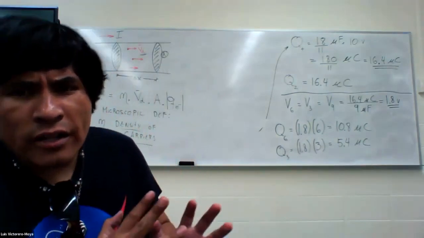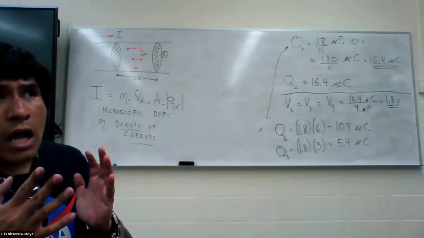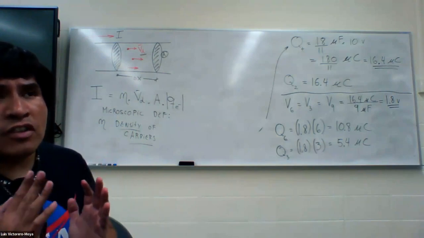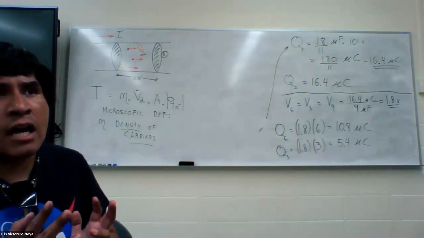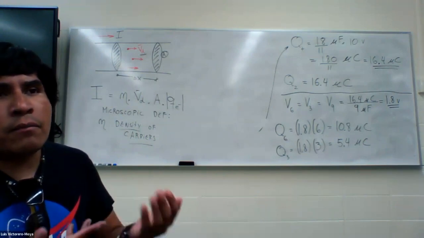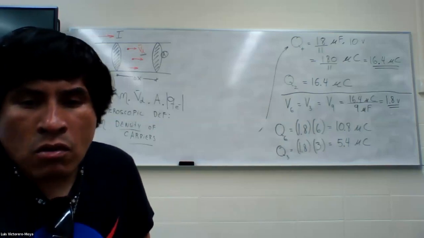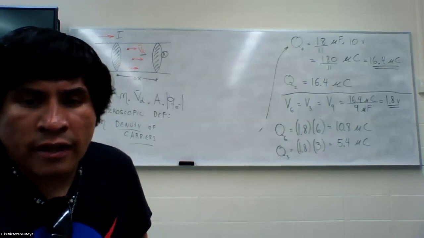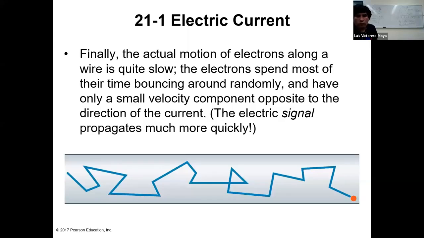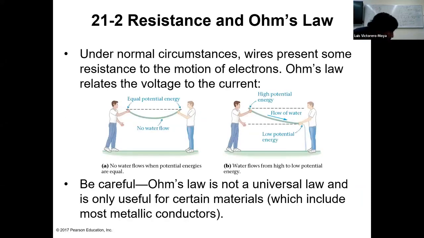So is that the only definition of current? Not really. The simpler definition is when we start using the idea of conductivity or resistivity, basically bringing Ohm's law into the mix. All right. So let's share this again. What is Ohm's law?